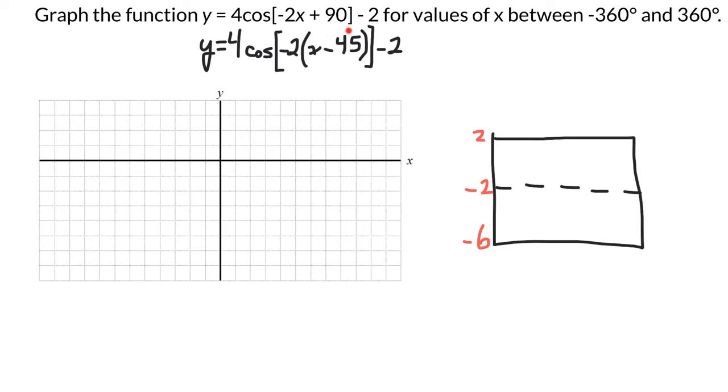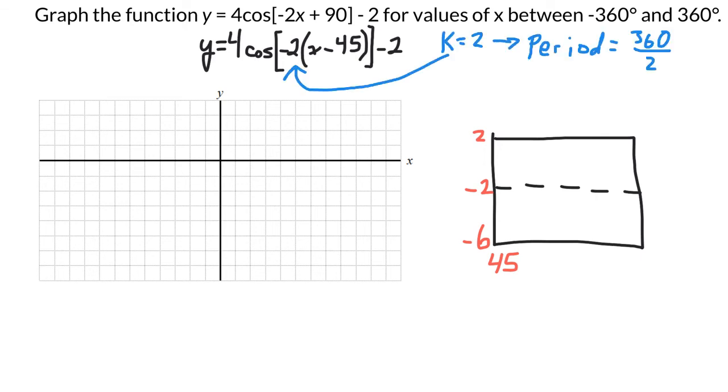I'm shifting my whole function to the right 45 degrees, so that means my starting point horizontally is 45 degrees. And my k value is 2, which means my period is equal to 360 divided by 2, which is 180 degrees. So starting at 45, I'm going up 180 degrees to get to my end value, which is 225 degrees.